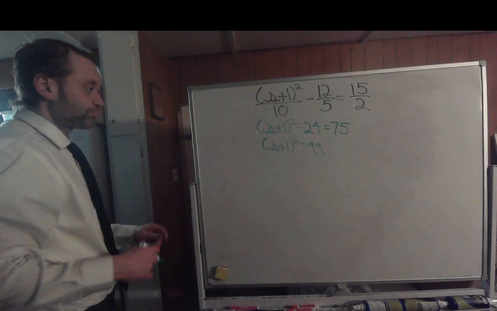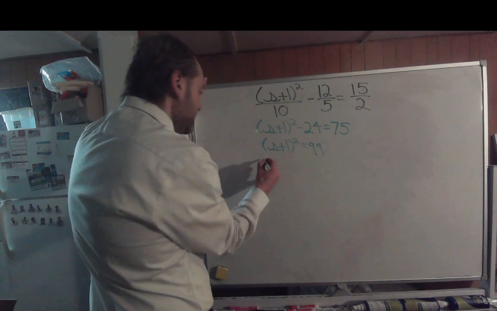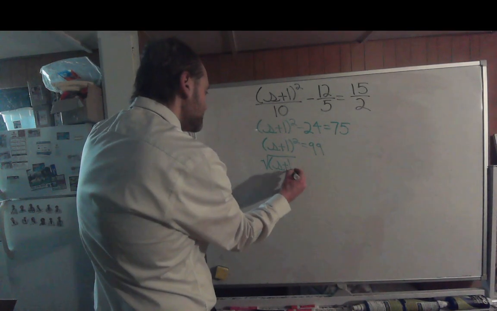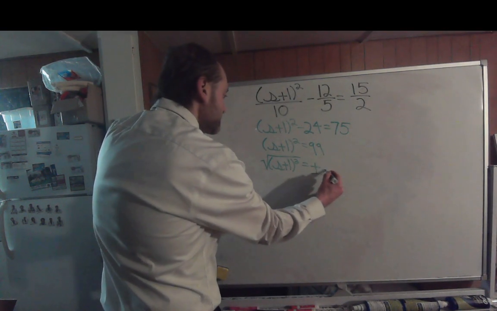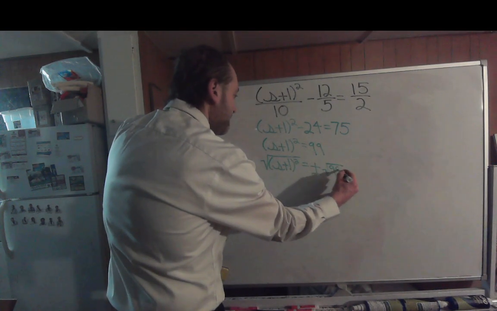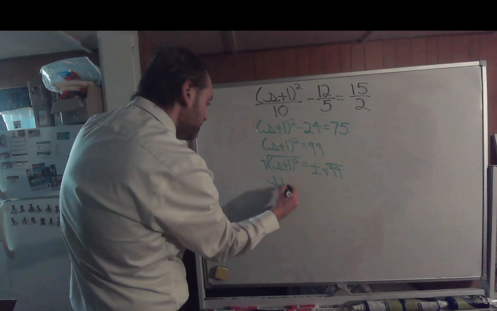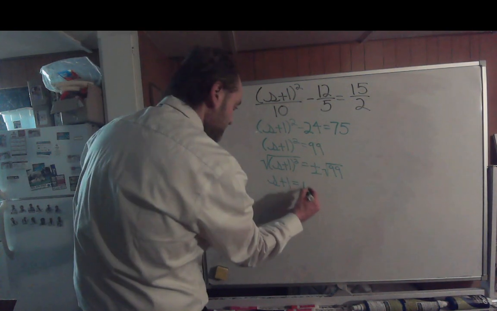Okay. Now, let's take the square root of both sides. So the square root of s plus 1 raised to the second power equals both plus and minus the square root of 99. So the left side will just simply turn into s plus 1. That'll equal, okay, plus and minus still.